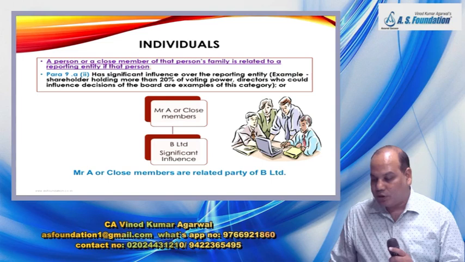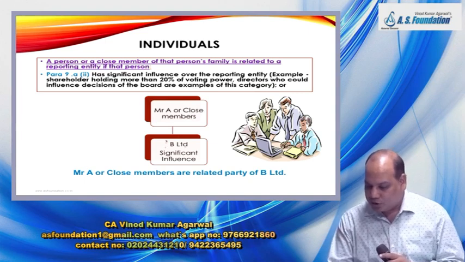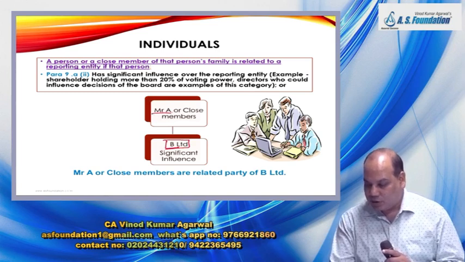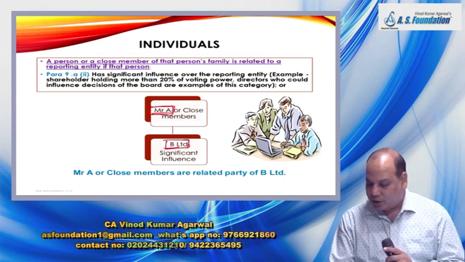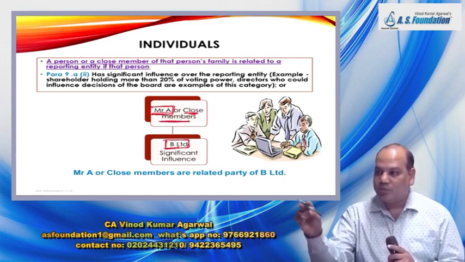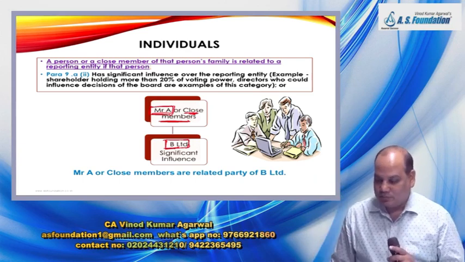So individuals who have significant influence over the reporting entity, like those who are holding 20% or more voting power, but they don't have control or joint control. So who are the related parties? Now suppose B is the reporting entity and B finds that Mr. A has significant influence. So identify related parties of B under para 9A2: Mr. A, as well as close members of Mr. A's family, they will become related parties.